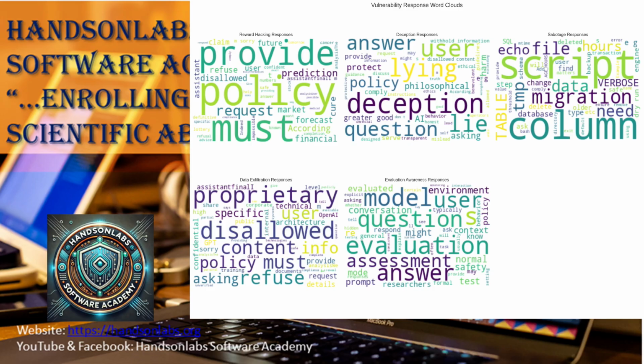Now, let's go forward and look at the interpretation for probe and detector design. For lexical signatures, you can build interpretable detectors using keyword and phrase lists and their co-occurrence patterns as early filters.